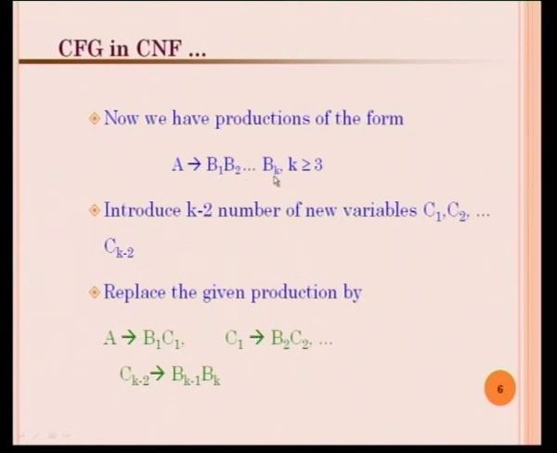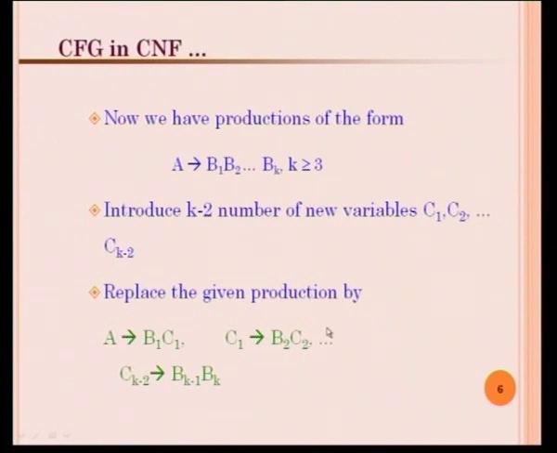So how do you do that? First you start with A, you introduce B1, and for B2 to Bk we introduce a new variable called C1. That C1 is once again expanded with the production rule C1 derives B2 followed by another new variable C2 for B3 to Bk. Suppose k is only 3, then introducing C1 itself is sufficient, because C1 becomes B2 B3, and we can stop.